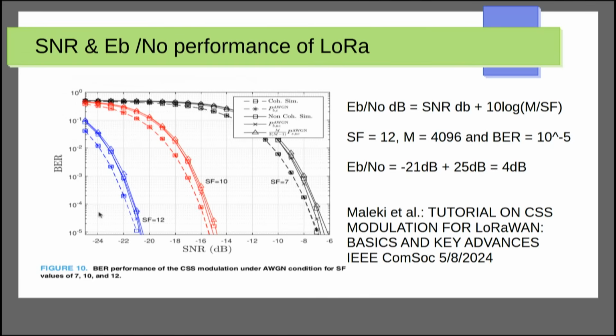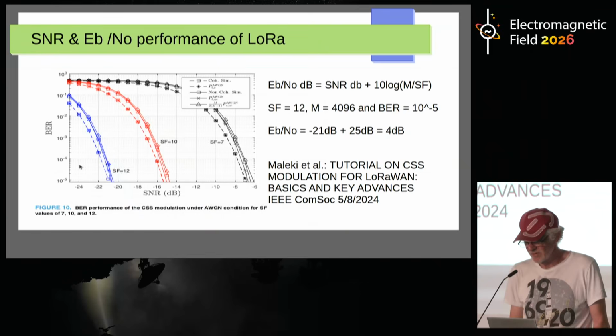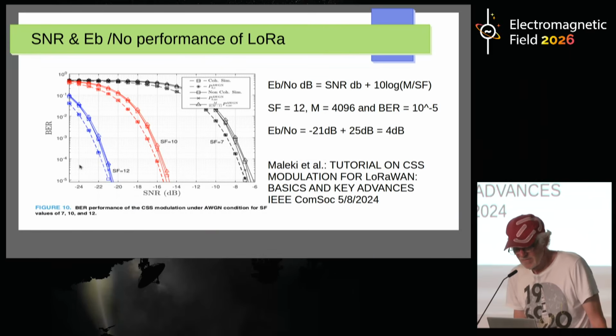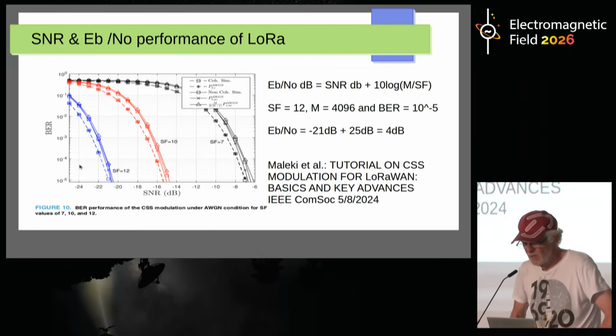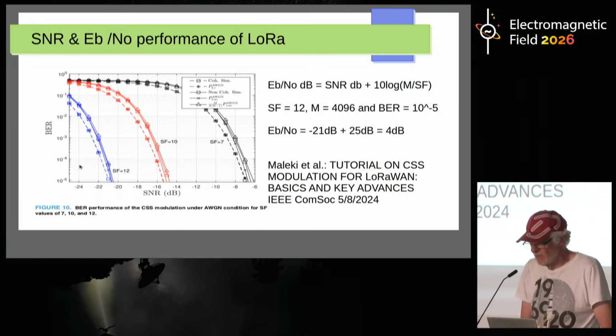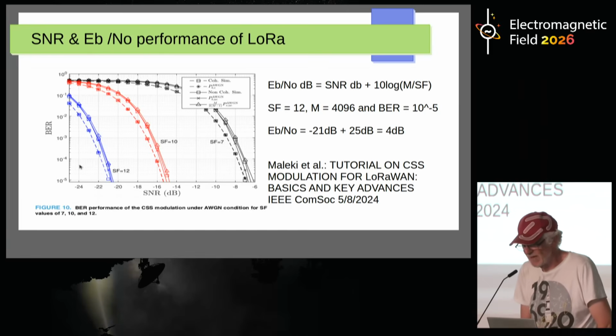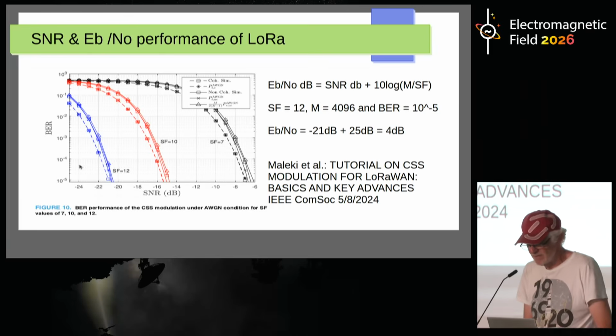If we look at this graph, at the spreading factor 12, which is the blue ones, at 10 to the minus 5, it's minus 21 dB signal to noise ratio. That's a power ratio, which is why I said we've got to compare it like for like, because that looks phenomenal. But the top equation there is the one you have to use to turn that signal to noise into an energy per bit to noise spectral density.